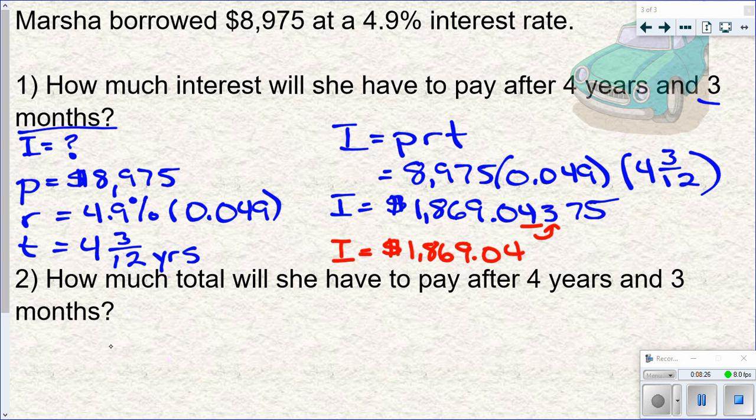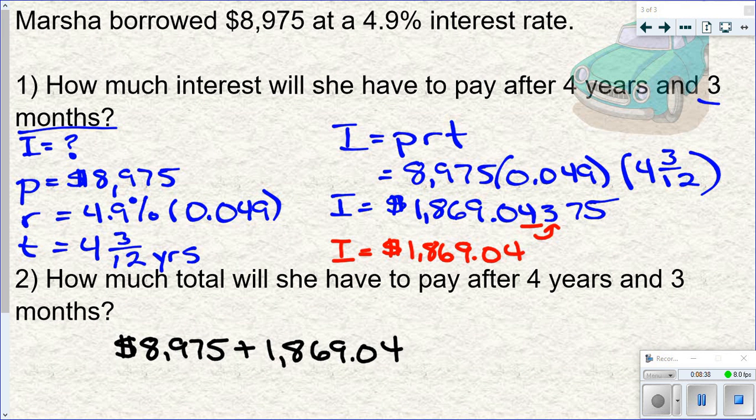She's going to have to pay back what she borrowed, the 8,975, plus the interest. So this is the total that she's going to have to pay. If you have lots of cash and you don't have to borrow money from a bank, you can save yourself lots of money. Whenever you borrow money to buy something, it's going to cost you something.